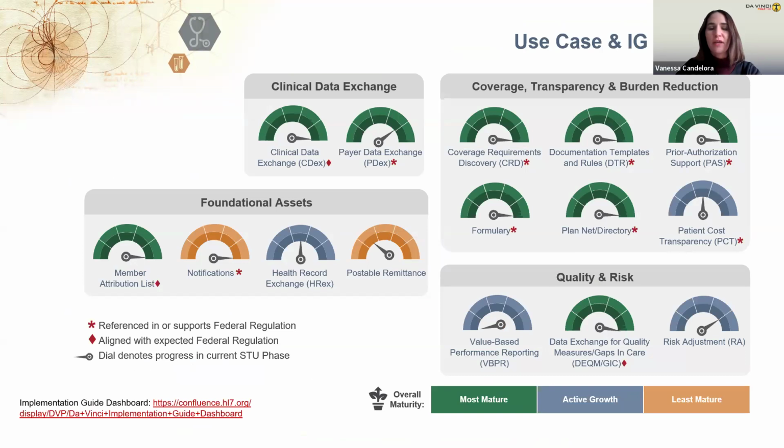So those top three dials: coverage requirements discovery or CRD, documentation templates and rules, DTR, and prior authorization support, PAS. They all work together and are recommended by the 0057 CMS final rule for reducing burden to further automate and enable data exchange for prior authorization.